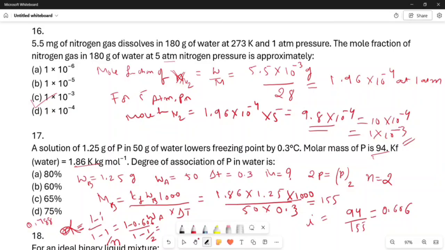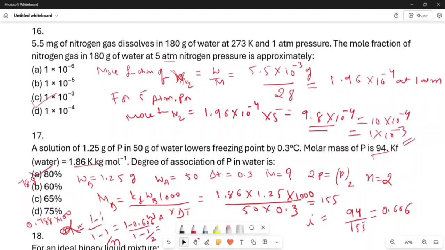You convert it into percentage, that is multiplied by 100. You can get the answer 78%, approximately 80%. So option A is correct.